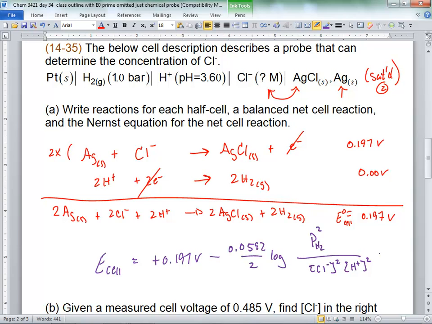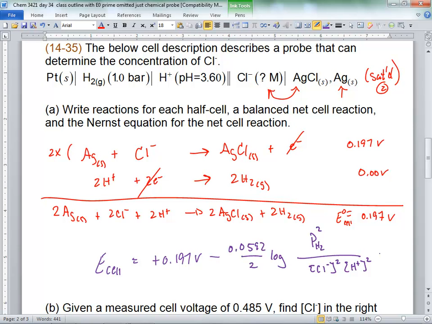Well, you remember you can't write K, because when do you write K? When it's at equilibrium, and when it's at equilibrium, where's your voltmeter reading in this whole thing? It's which variable? It's E cell. E cell is what your voltmeter is reading.